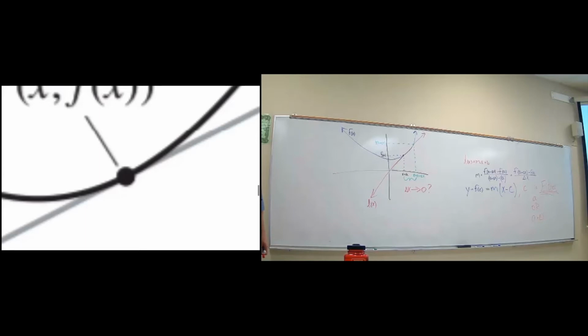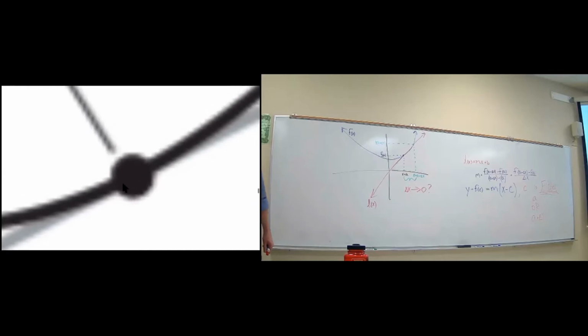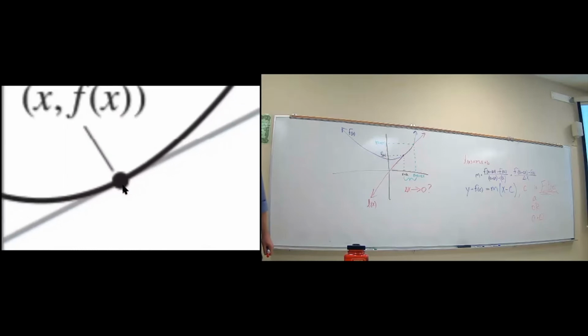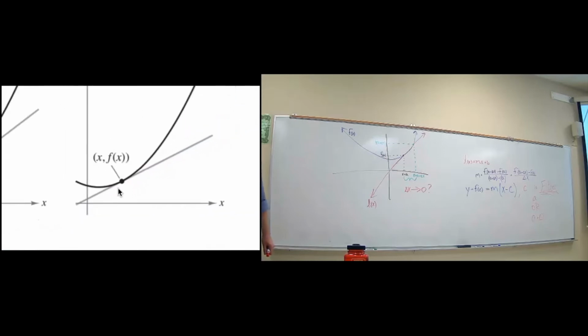And the more we were to zoom in, it would appear flatter and flatter and flatter until it looked almost like a perfectly straight line. And that perfectly straight line that it would appear to be would be parallel to this tangent line.